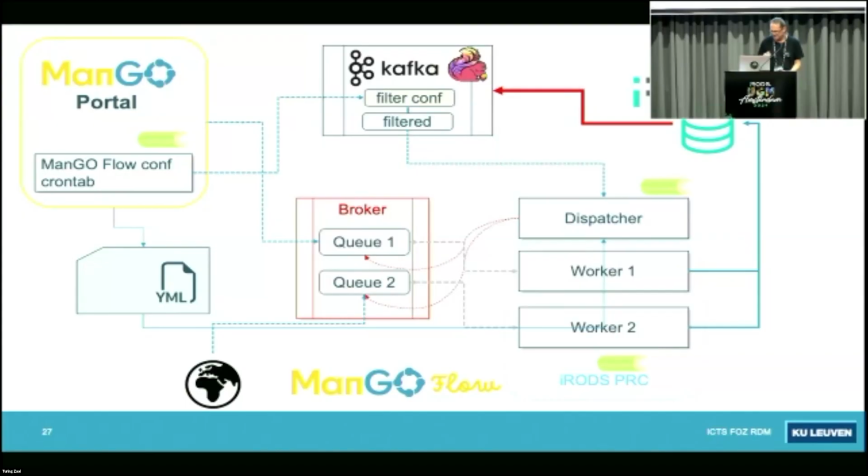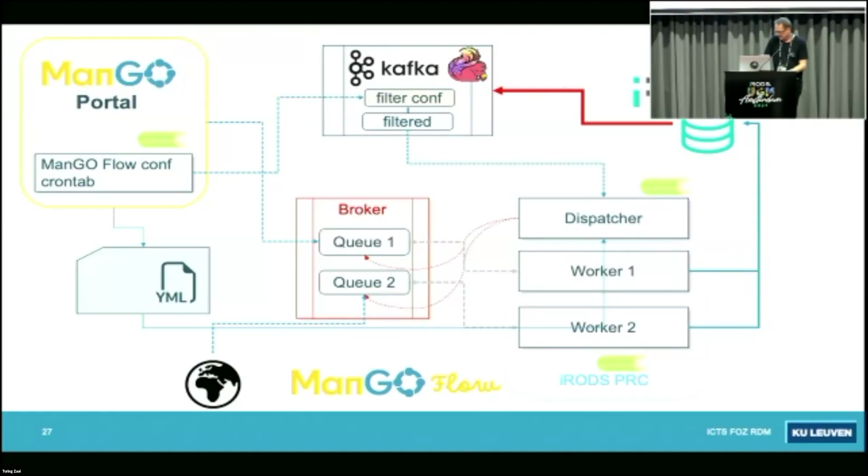Kafka has a topic, where it will post, for example, new workflows by introducing a new part of the configuration that Kafka needs to take into account to create this filtered topic list that feeds the dispatcher.